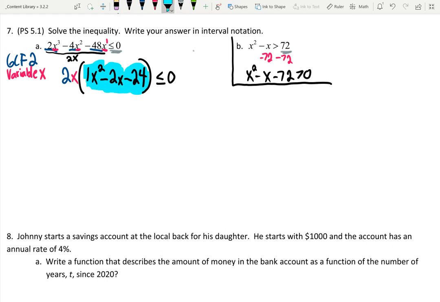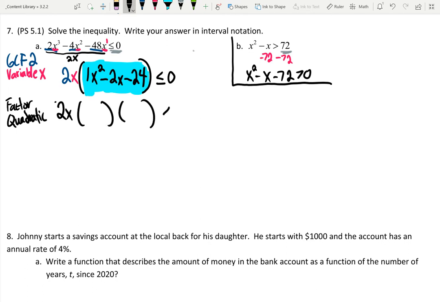So what you see in the blue is essentially why I needed to factor out some terms. When I factor it out, I see a quadratic, which means I can factor it further. So I'm going to go ahead and now factor again. So I'm going to have 2x, and it's going to factor out to be 2 parentheses comparing to 0.